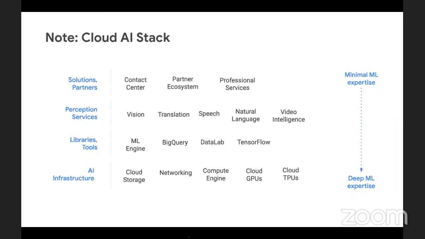So similarly, translation, speech to text, text to speech, natural language processing, these are ready to go capabilities in terms of AI that are available if you adopt cloud technology. And perhaps an example would give you the context.